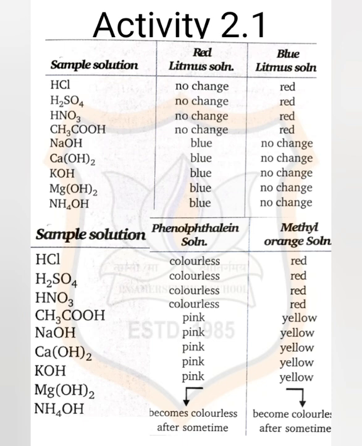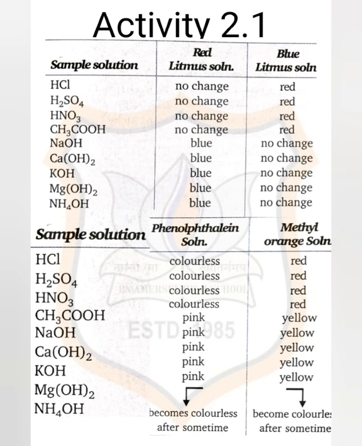Now, next, take some synthetic indicators like phenolphthalein solution. All the acids are colorless with phenolphthalein solution, while all the bases, that is sodium hydroxide, calcium hydroxide, potassium hydroxide, magnesium hydroxide and ammonium hydroxide, turn pink with phenolphthalein solution, but they become colorless after some time. Now take another synthetic indicator, that is methyl orange solution.